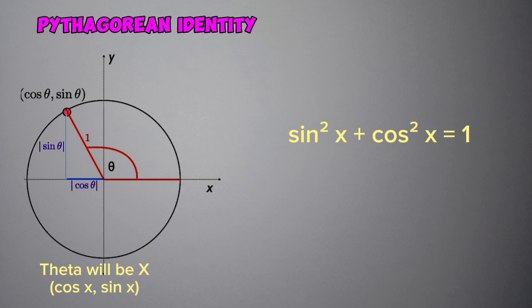The value of our sine x or cosine x might be positive or negative, but since we are dealing with the length of the side of the triangle, we can take the absolute value of our cosine and sine, and those are the lengths. And the length of the hypotenuse of this triangle would be 1 because this is a unit circle, and every radius of a unit circle will always be 1.